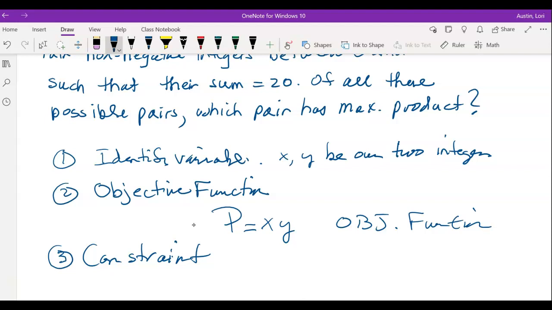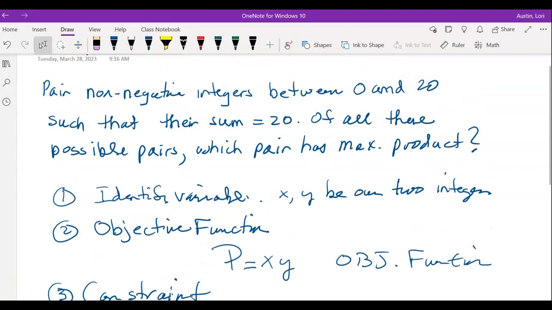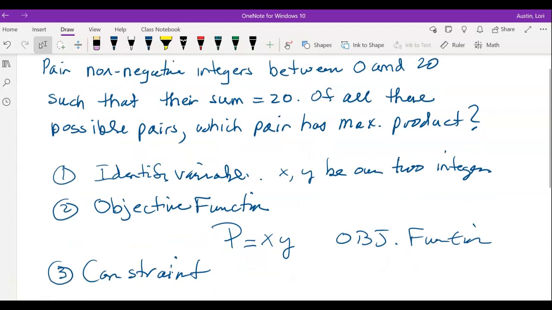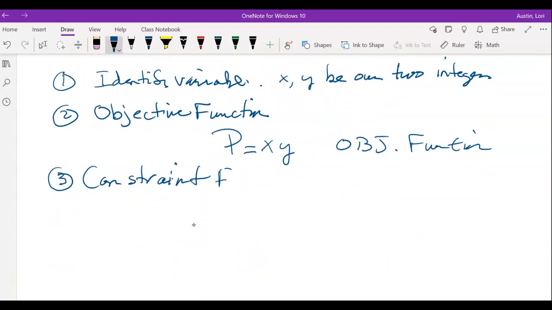Yes, we want to optimize a product, but I can't use any variables. What's my constraint? These variables have to do what? Definitely be between 0 and 20, and not only that, there's a sum there, right? Yes. So that's your constraint, and that's your constraint function. You got to figure that out. So my constraint function is simply x plus y must equal 20.